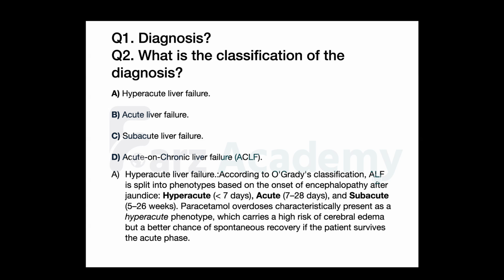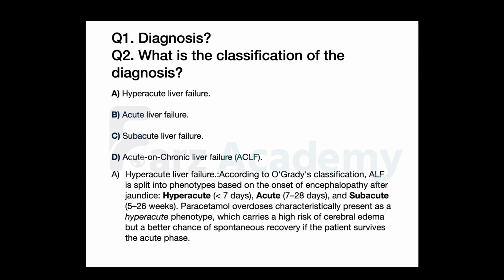So if you see, the GCS of the patient was 9 and he was icteric, and the antecedent event was recorded 3 days ago. So this patient has an onset of encephalopathy with jaundice within less than 7 days of presentation. If it's between 7 and 28 days, it is classified as acute and subacute further on.